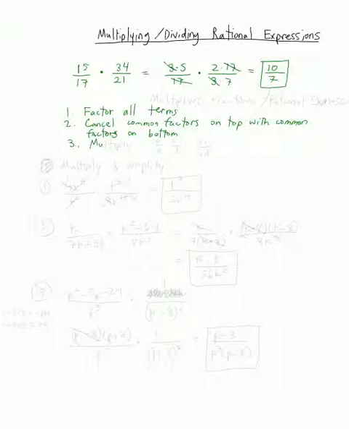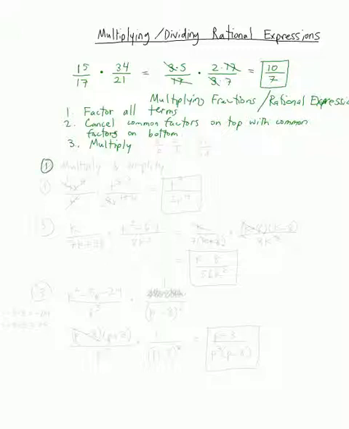Step 3, we multiply. So these are the steps for multiplying fractions. Turns out these are also the steps for multiplying rational expressions. So let's try a couple of examples and you'll see that these are in fact exactly the same.